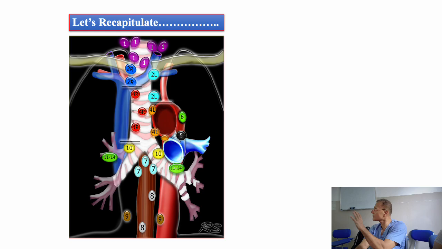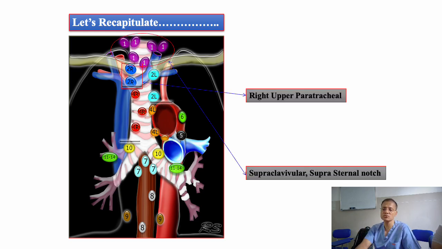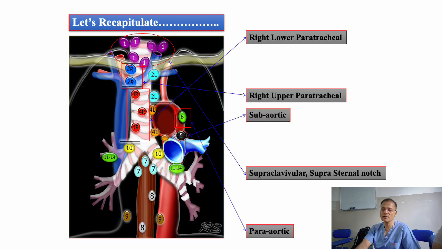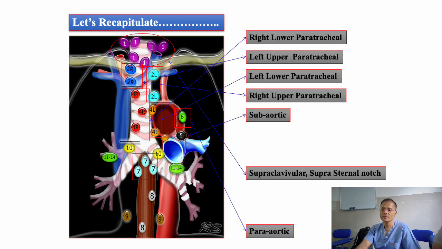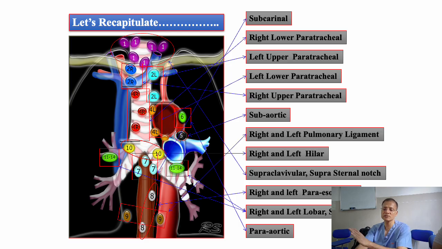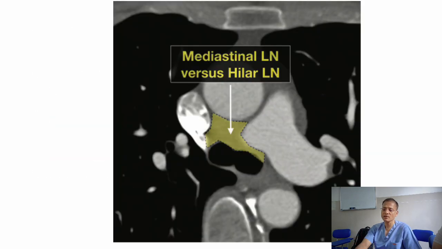So now let's summarize all this. Again, just to go through: level 1, level 2R, 2L, 4R, 4L, 6, 5. Same thing having 7, 8, 9, 10, etc. Now very important, sometimes quite confusing, is how to define this lymph node.